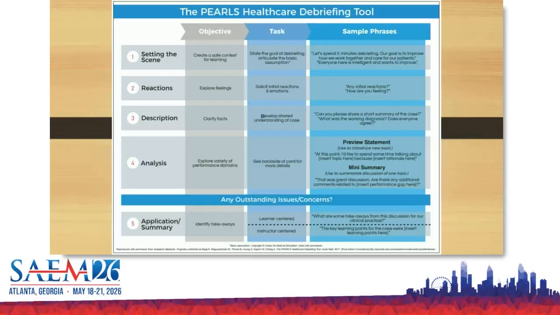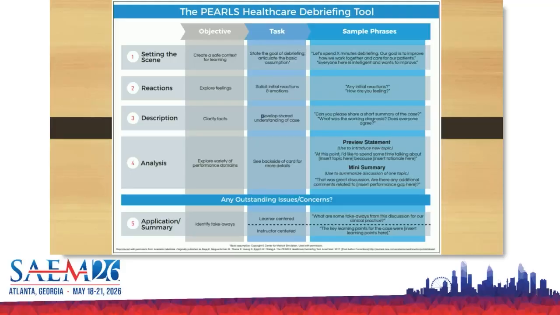You go through the reactions phase, and then one thing they add here is a description. This is really useful in simulation, but also I think after a clinical encounter, to level set on what actually happened. Can someone describe the medical aspects of this case? Oftentimes learners, especially junior learners, get held up on: did I make the right diagnosis?